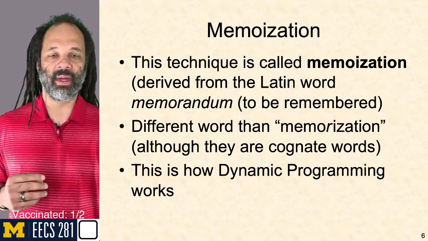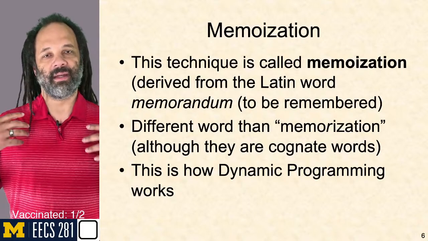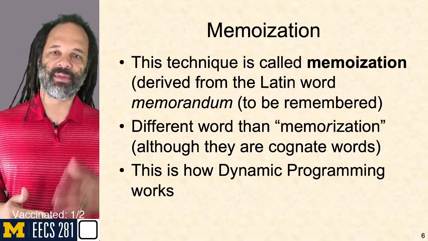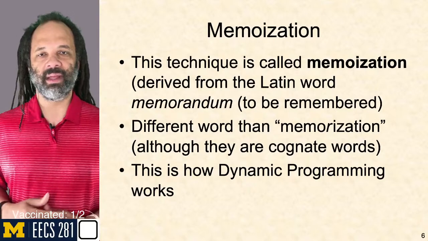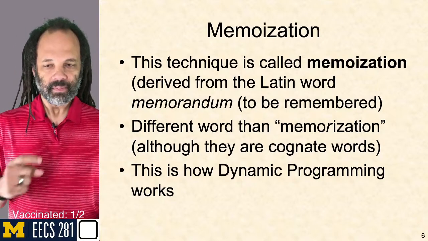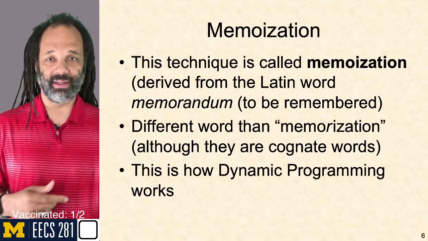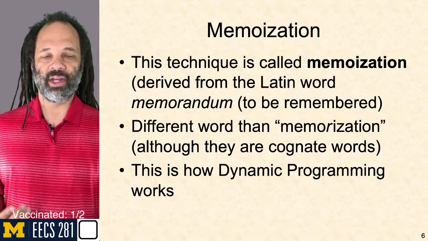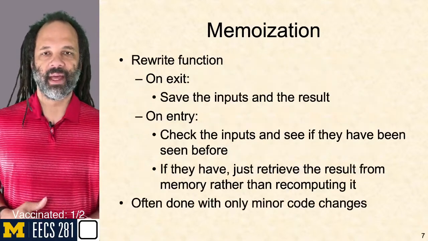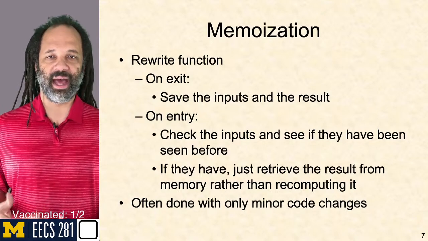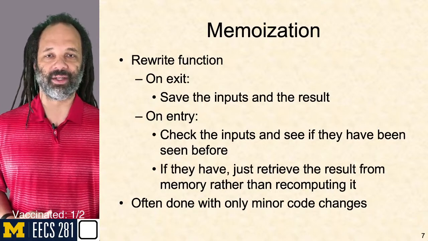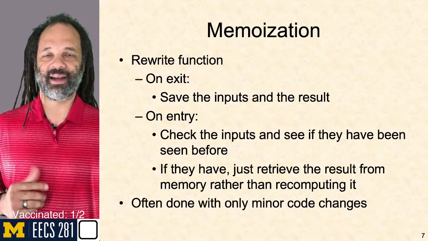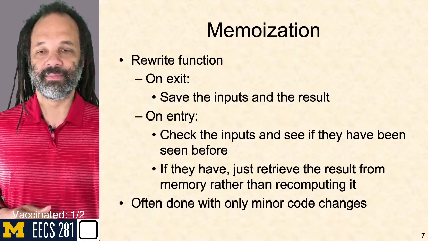Memoization is the act of filling up my memo with the things that I've calculated and also looking things up when I need something. The bottom line is this is DP. Memoization is DP. I've never heard of the word memoization outside of dynamic programming discussions. Doesn't mean it doesn't exist there; I just never used it any other time.